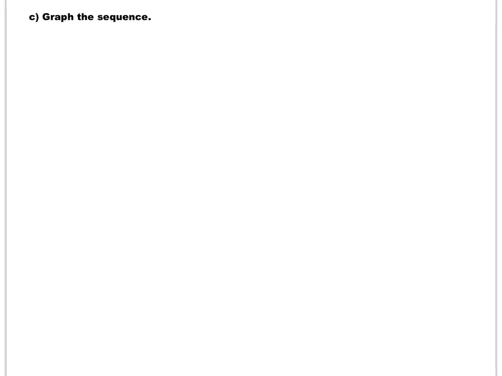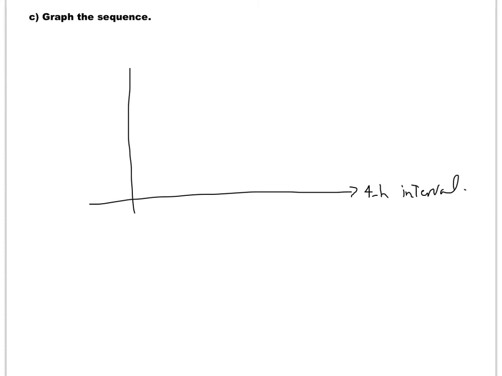The next part of the question asks us to graph the sequence. Roughly, this is going to be my 4-hour interval, and this is going to be available medicine in milligram.